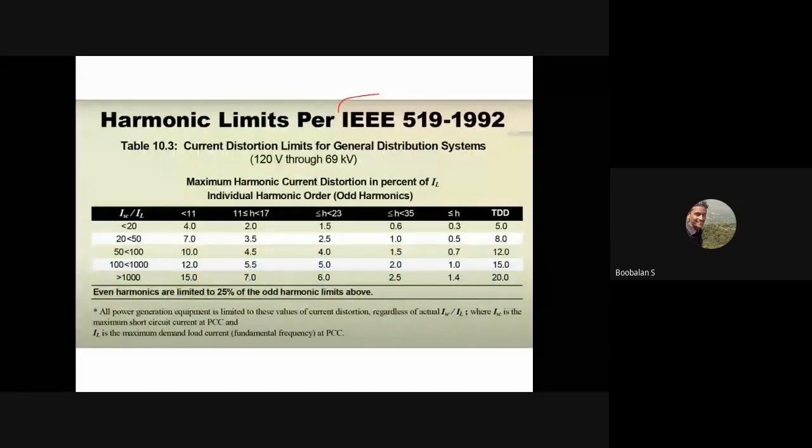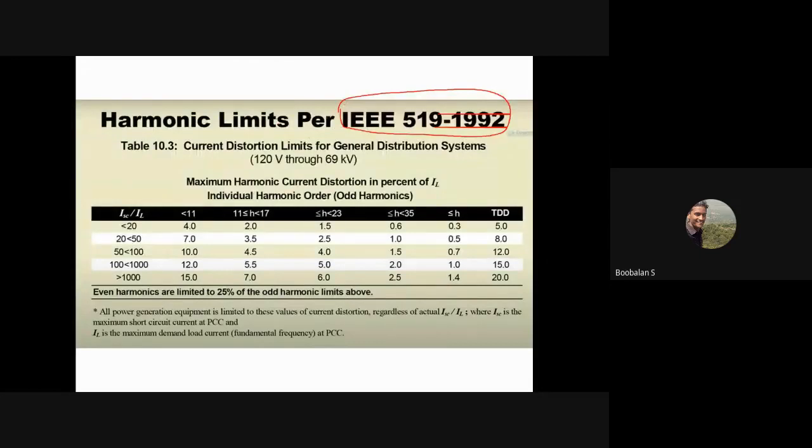IEEE 519 indicates the harmonic injection limit towards my power grid, so the maximum harmonic distortion injection. This is the limit that is called TDD, in the sense total demand distortion.